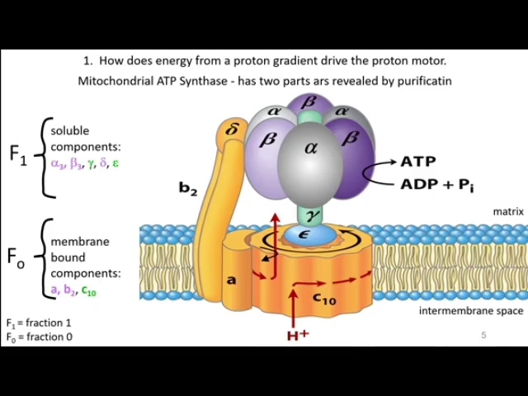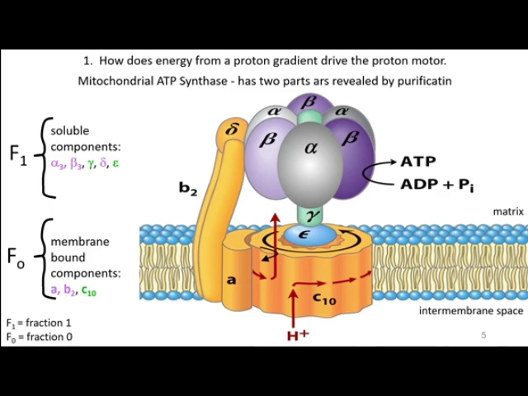The stuff that was lipid soluble, they called F0. The stuff that was water soluble, they called F1. And they named this A, B, and C for the transmembrane lipid soluble parts, and alpha, beta, gamma, delta, and epsilon for the water soluble parts, because that's how they were able to purify them.